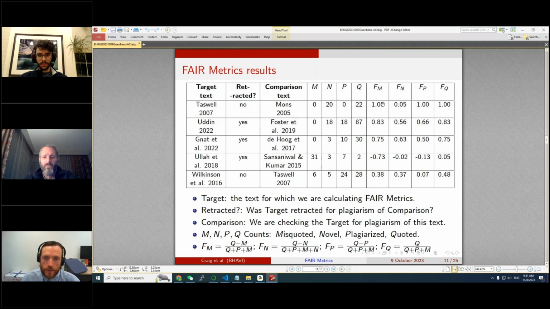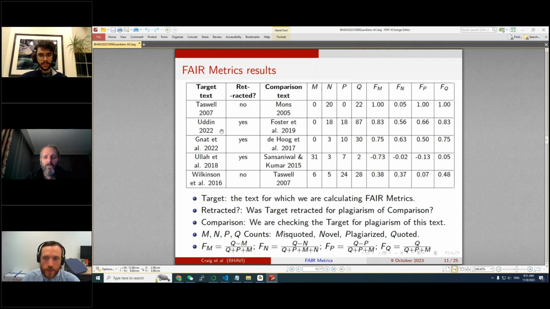do indeed get no misquotes or plagiarized statements, leading to FM, FP, and FQ of 1. And there's a pretty even balance between novel and quoted statements, leading to an F sub n of 0.05.